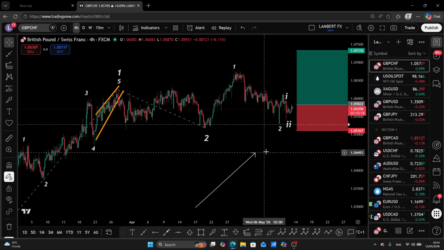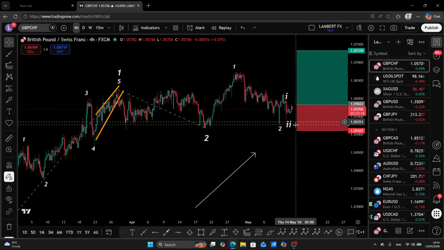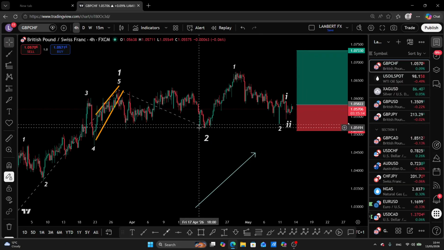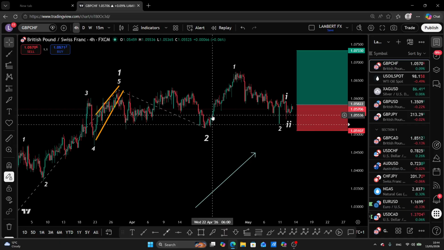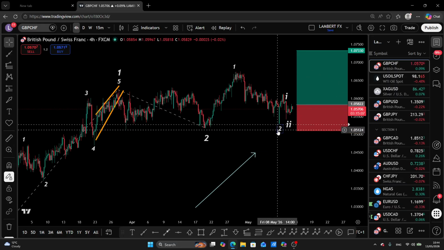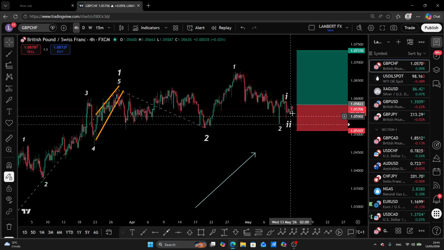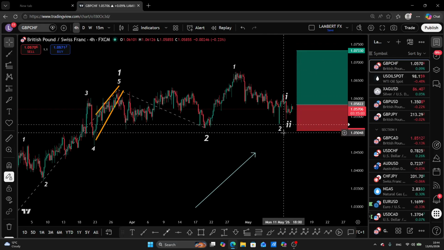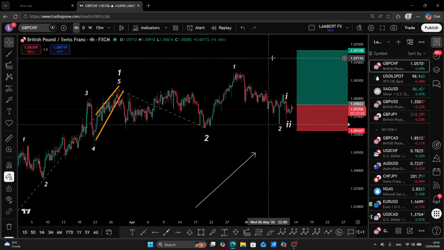Like I said, if you do catch them like this, you put your stop just below the 2. We've had leg 1 of 2 and 2 of 2, so we need a 3 of 2 and 4 of 2 and then 5 of 2 to complete leg 3.